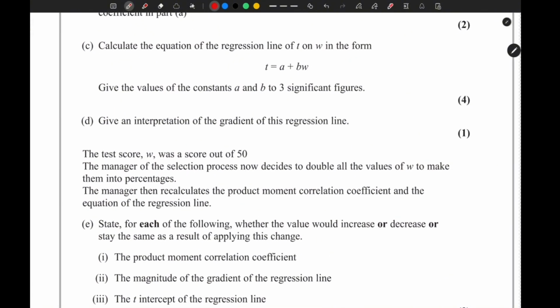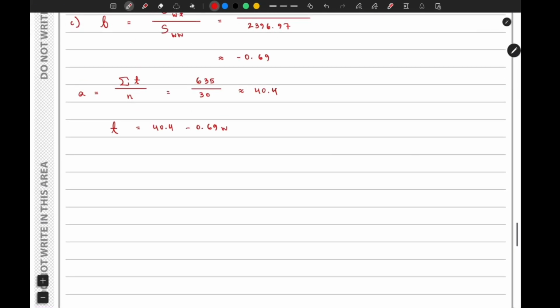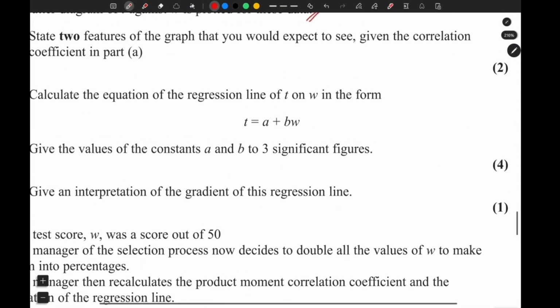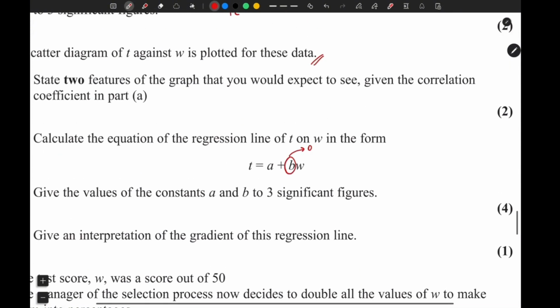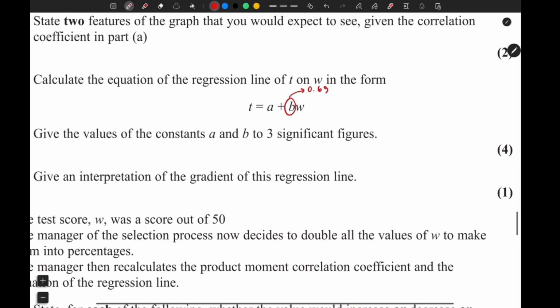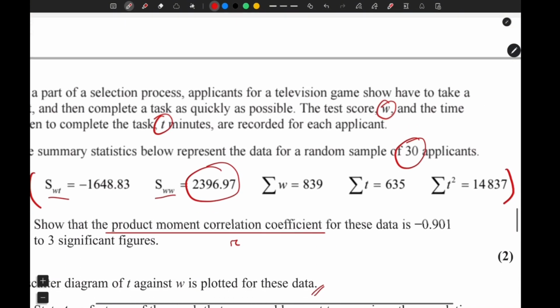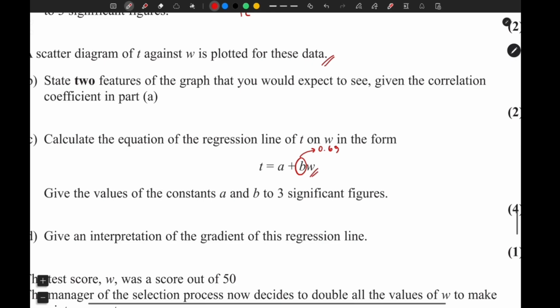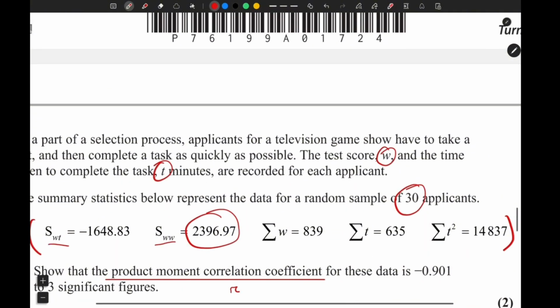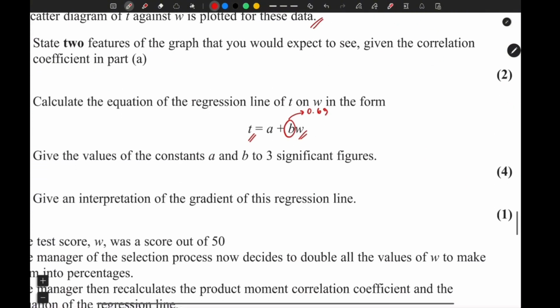Now for the next question, we need to give an interpretation of the gradient of this regression line. The gradient is about negative 0.69. The gradient represents the change in the y-axis over the change in the x-axis, where the x-axis is w and the y-axis is t. It will decrease because the value of the gradient is negative.